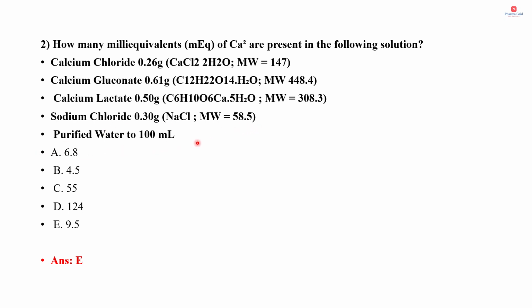Purified water to 100 ml. So in this question we need to find out the total number of milliequivalents of calcium present in this solution. For that we need to find out the number of milliequivalents of calcium present in calcium chloride, calcium gluconate and calcium lactate, and add them so that we get the total number of milliequivalents of calcium present in this solution.